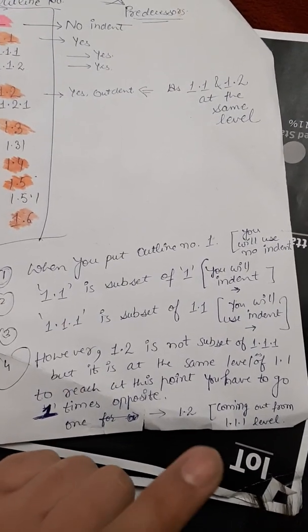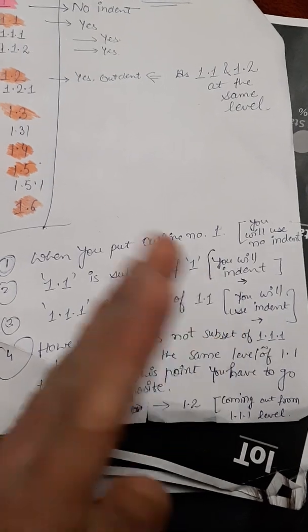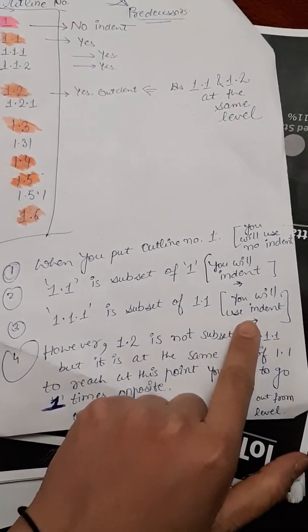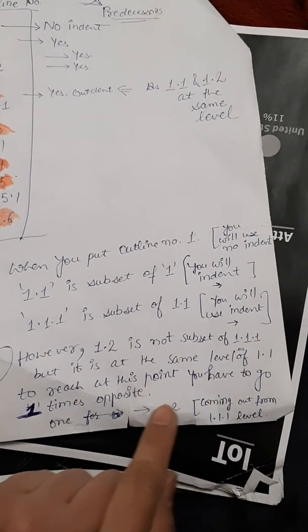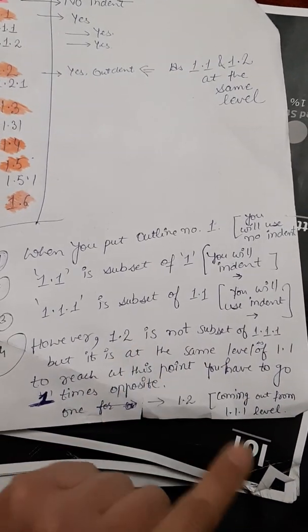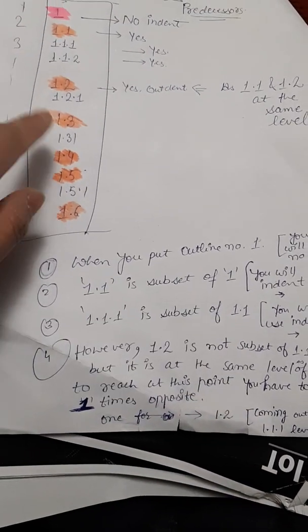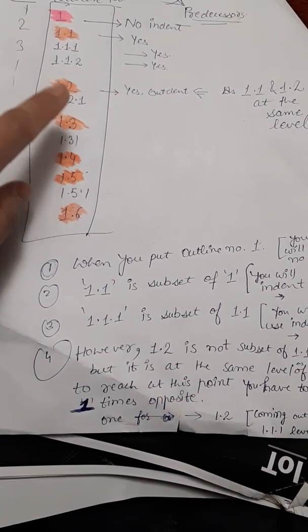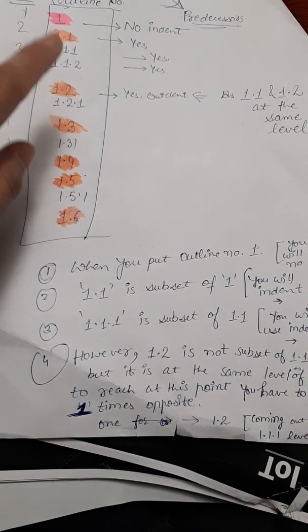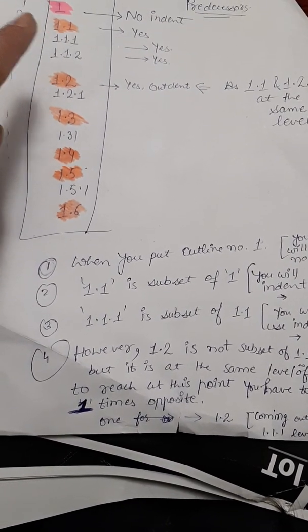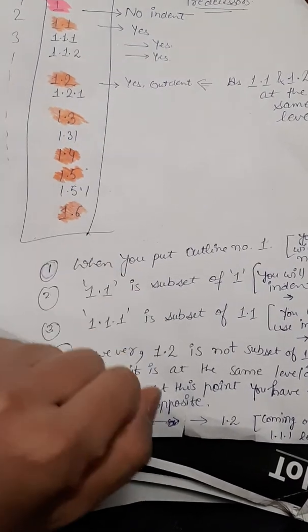So you have to use one time outdent, the opposite option. I put the arrow, it is for indent, and for outdent it will be in the opposite direction, right? So be careful. This is just to help you that 1.3 is at the same level as 1.2, but 1 is the big boss. Okay, in the same way you will do it.